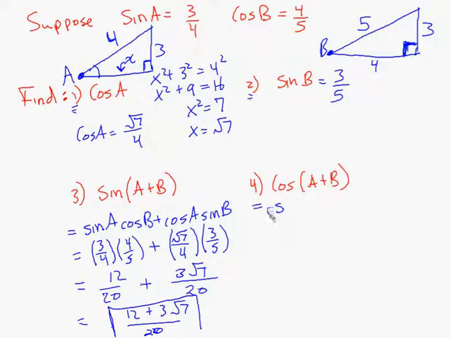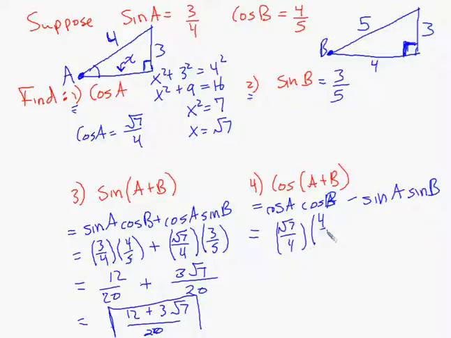So this equals cosine A, cosine B minus, I said B, but I wrote an A, sine A, sine B. Alright, so cosine A, we figured out is root 7 over 4. Cosine B we were given. And sine A is 3/4. We were given that. And sine B we calculated as 3/5.